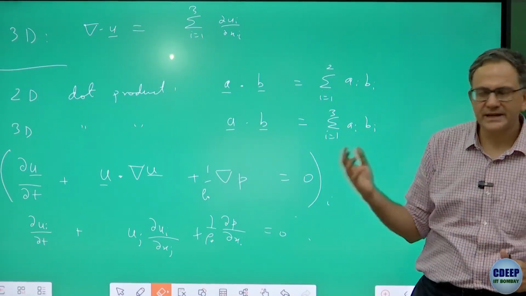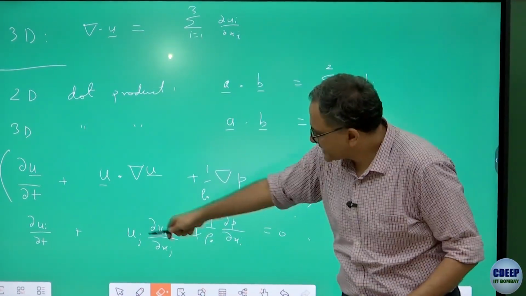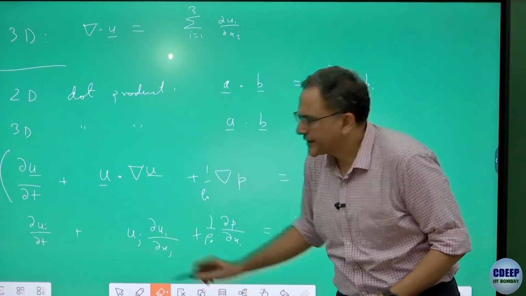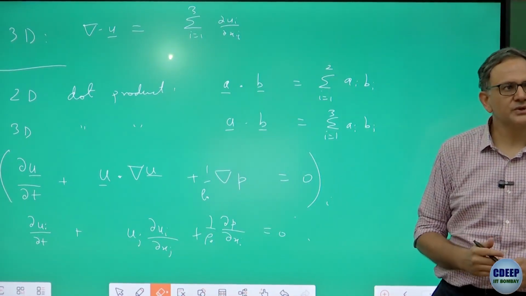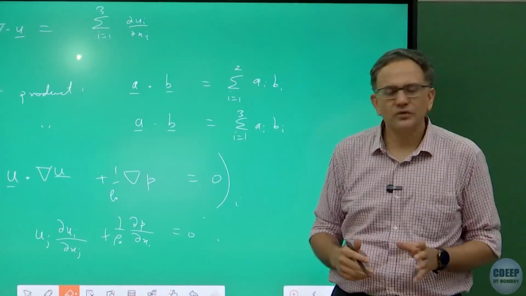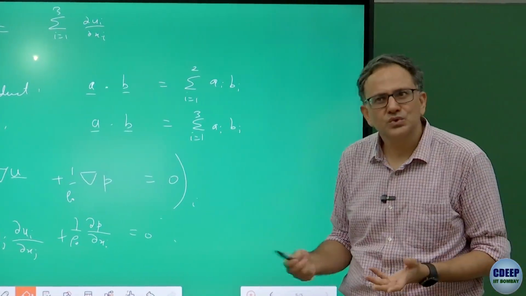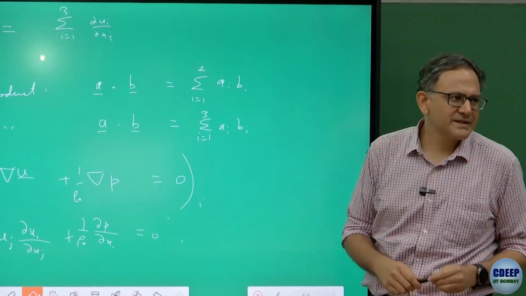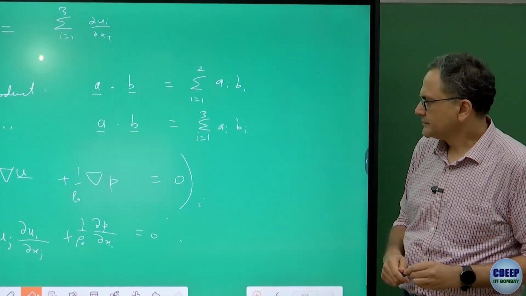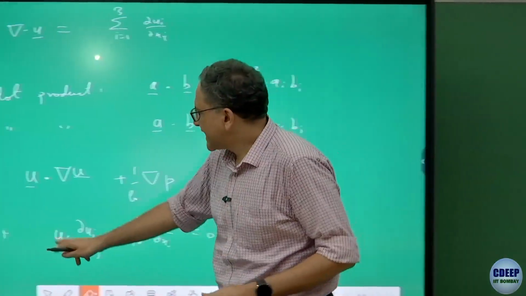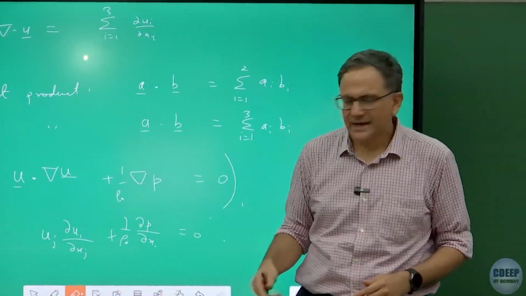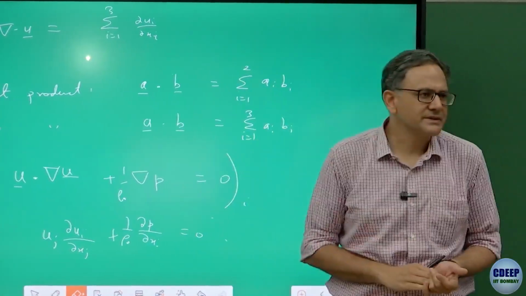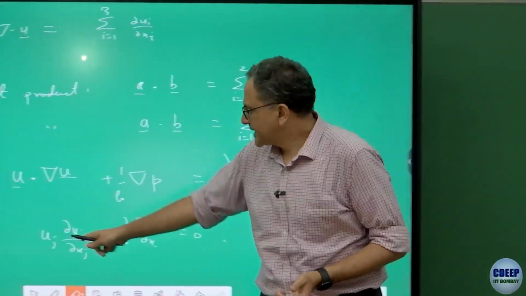All these experiences tell me that whenever there is a repeated index in any product term, then that is always going to be associated with a summation over that repeated index from 1 to 2 or 1 to 3, depending on the dimensionality of the problem that we are dealing with. So instead of writing that summation repeatedly, I am going to just omit that summation, with that being implied.